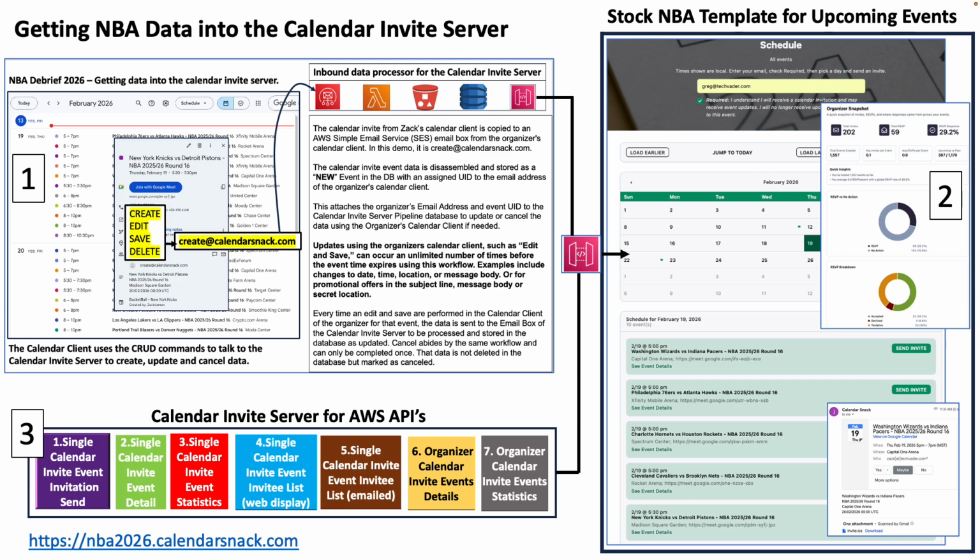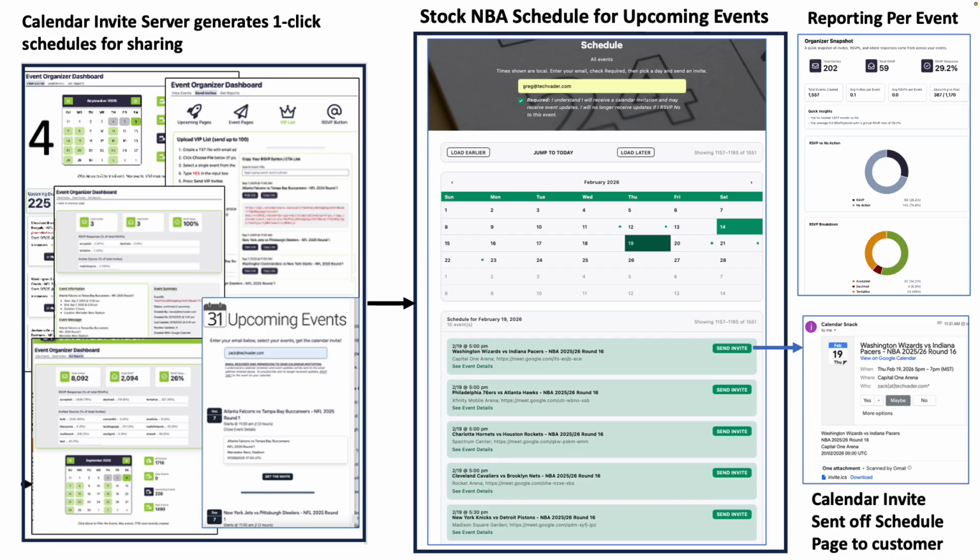So once you jam the data in, you can visualize it with the front end we built for y'all. When you buy the calendar invite server, you get that, as well as a nifty reporting engine. And what the customer gets of yours is a particular calendar invite. That calendar invite can have merch, tickets, or third-party promotion information inserted into it by the organizer. You can see that we have a visualization engine here on the left.